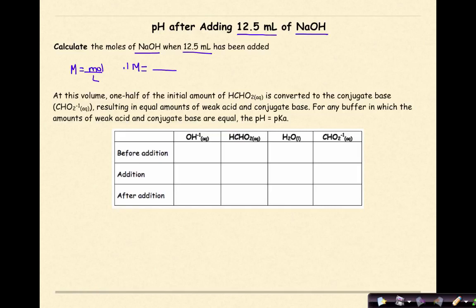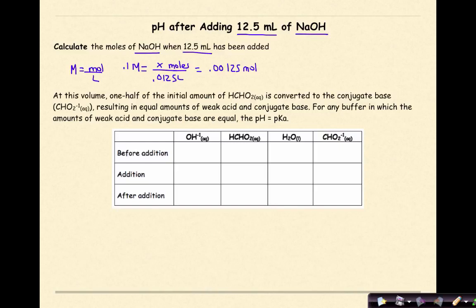So we're going to convert that into liters, so that's going to be 0.0125 liters. And we're going to solve for moles. And when we do that, it's going to be 0.00125 moles of sodium hydroxide added.